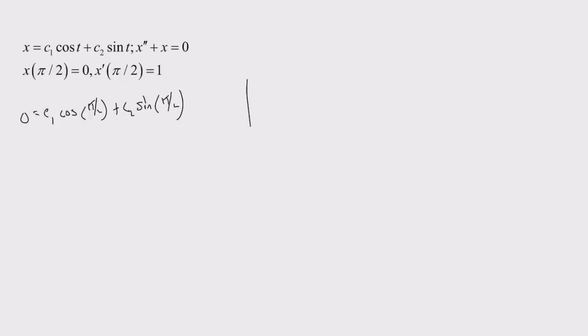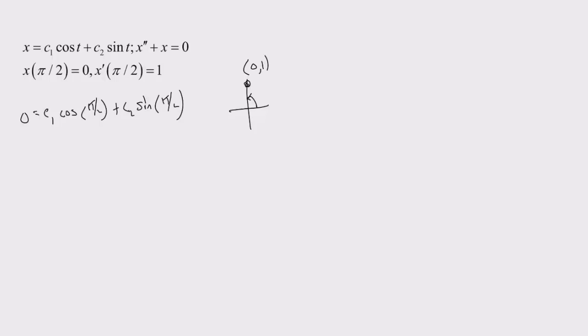In the event that you are a little rusty on your unit circle, pi halves is right up here, and it's got an ordered pair of 1, 0. So it's got a sine of 0 and a cosine value of 1. So that's actually backwards. So 0, 1. Whoops.